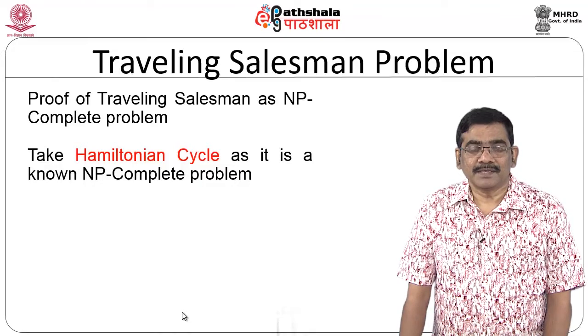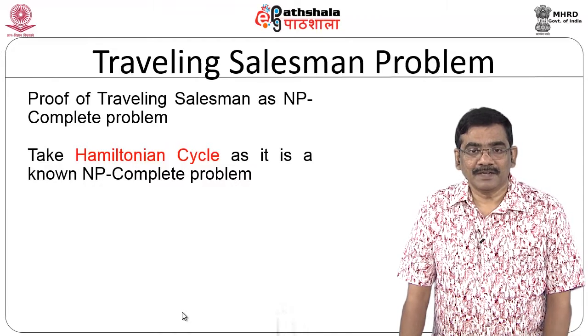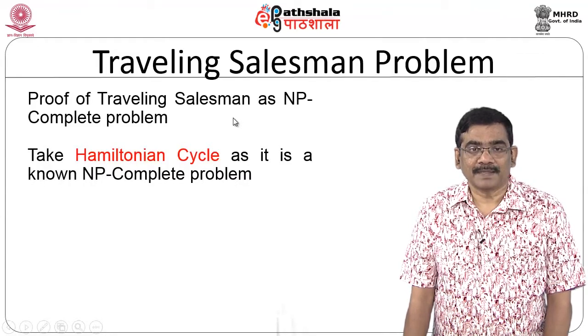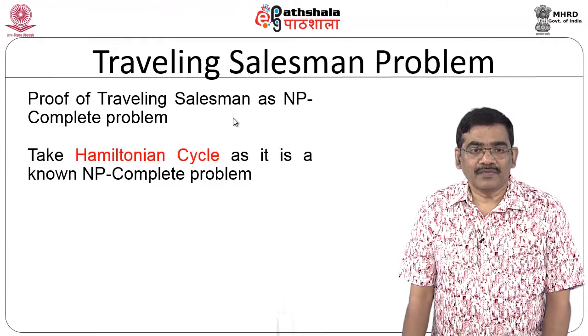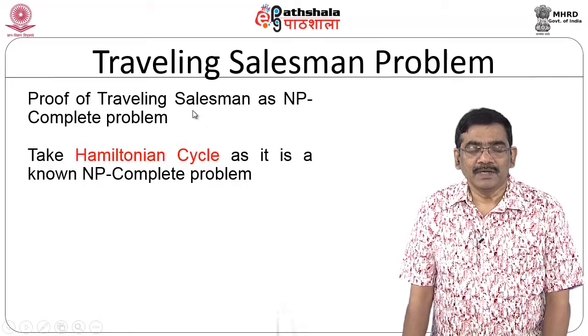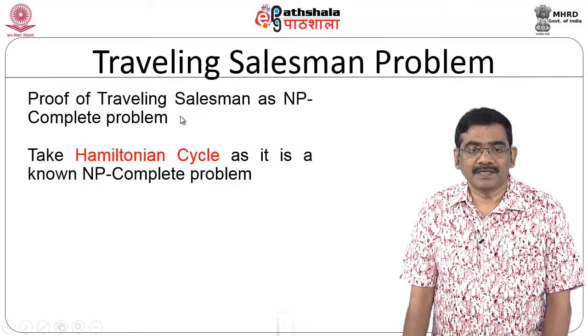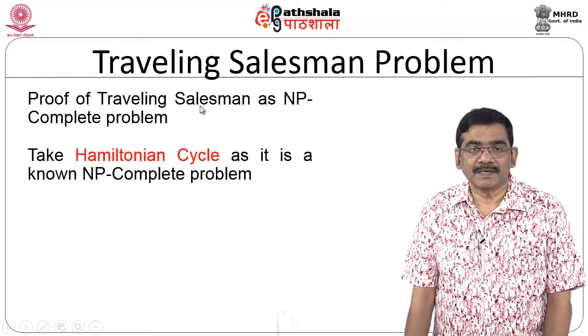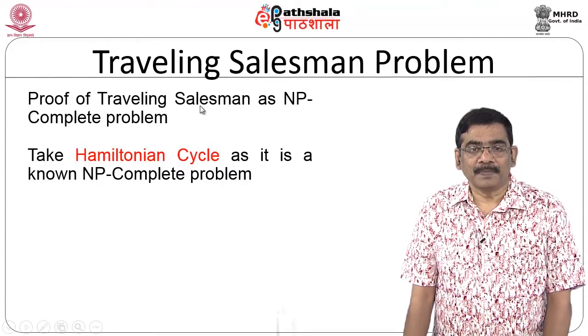A tour means you have to start from one vertex, then visit all other cities, then come back. If you have such a tour which is of least cost, then we call that the least cost tour and the solution of the traveling salesperson problem.